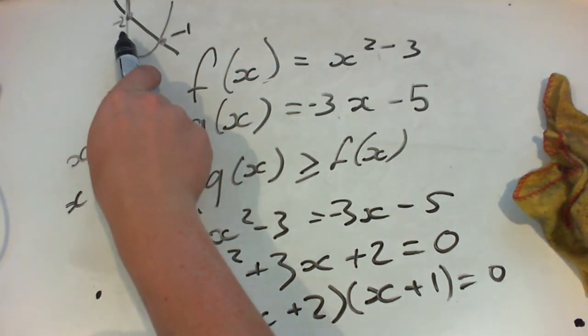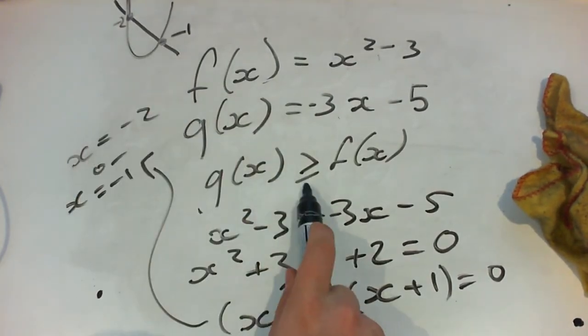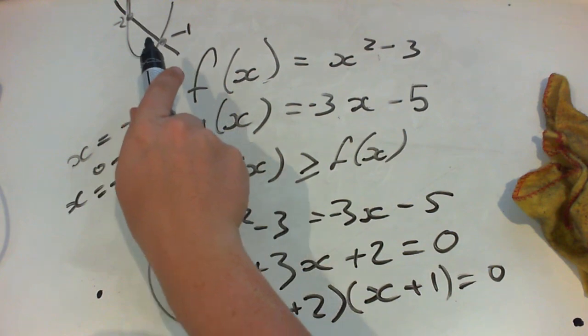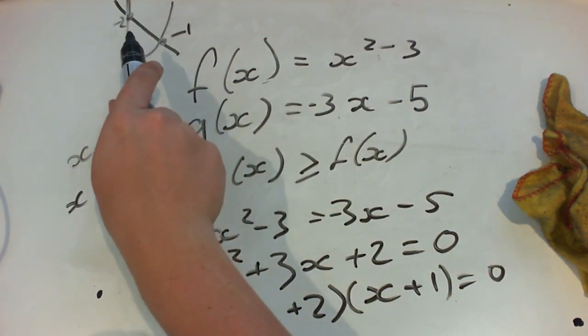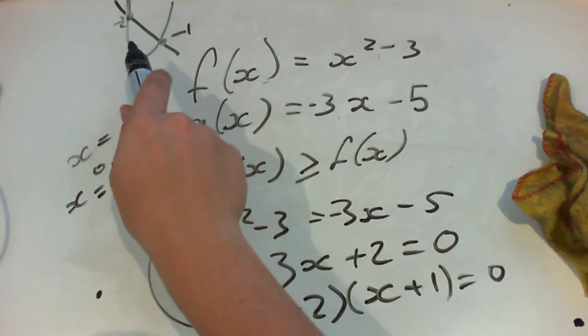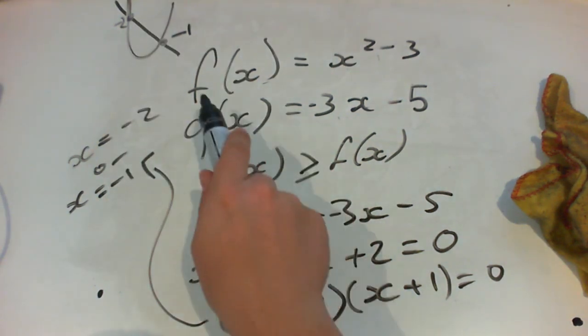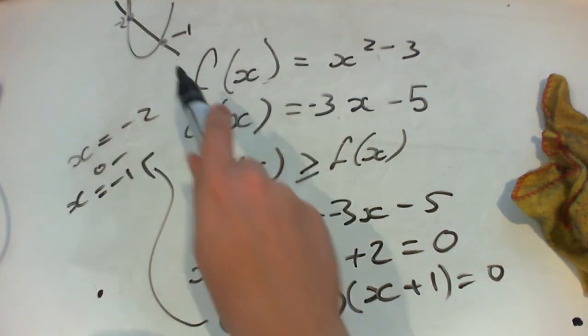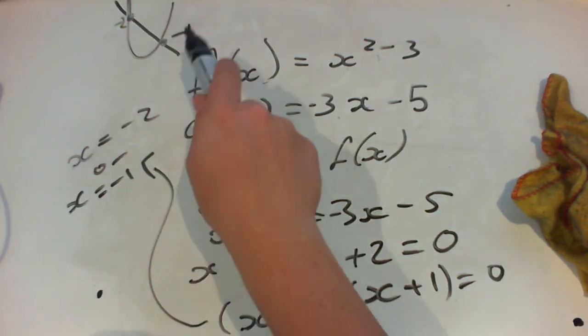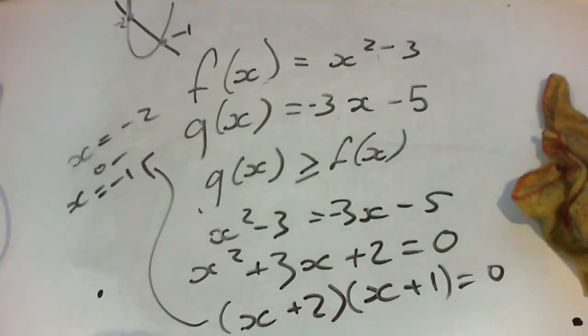At negative 2, they're equal, that's important. Above negative 2 and below negative 1, g of x is bigger, that's important. And at negative 1, they're equal, that's also important. And then above negative 1, f of x is now bigger, and that's not important anymore.